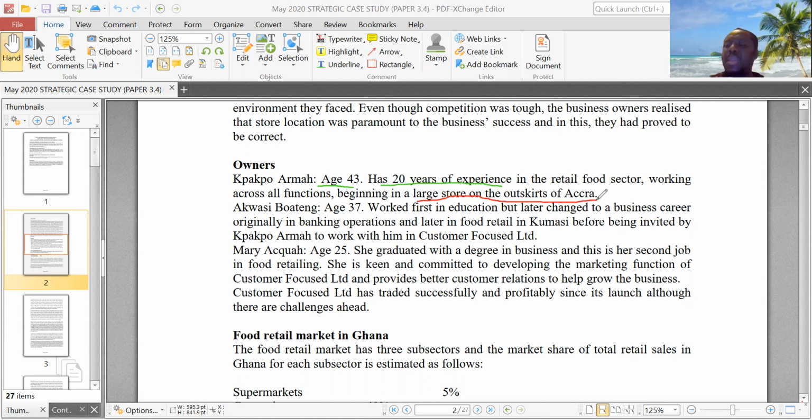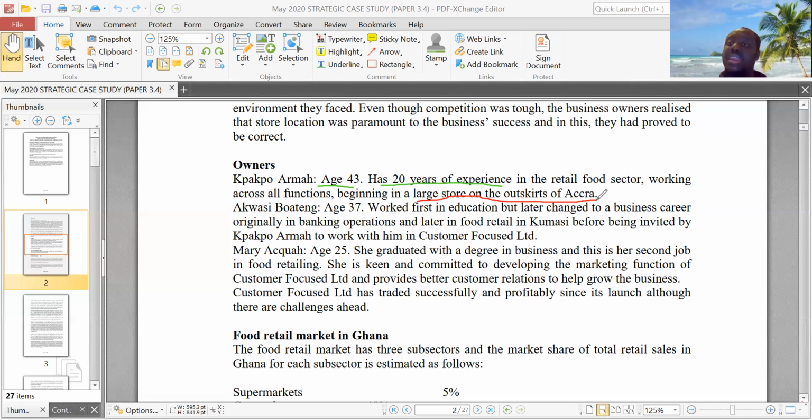So maybe one of the things we want to know here is, what were the dynamics of that market? Is it similar to operating a food retail store in Accra? Maybe the target audience is different. And so Kpakwama might be lacking in one or two things when it comes to operating a food retail store in Accra. Because here they are telling us he began in a large store on the outskirts of Accra. So that's where he began.